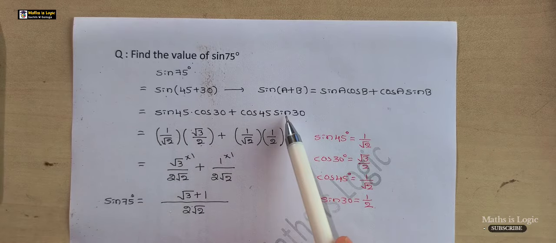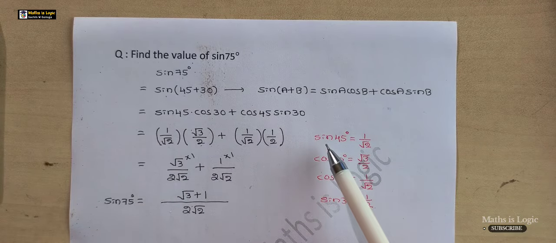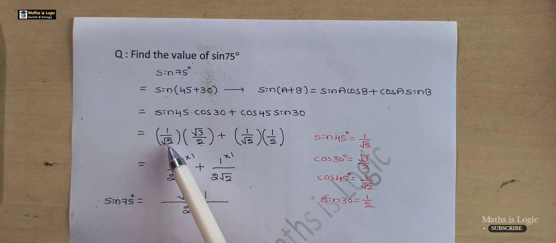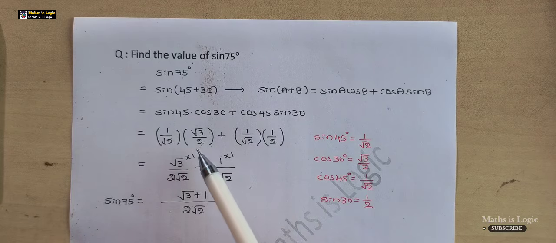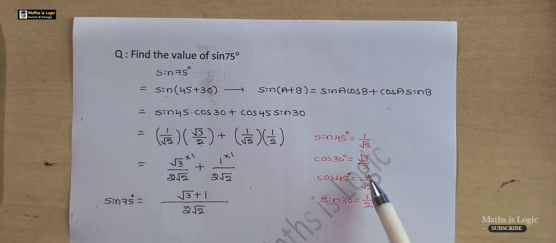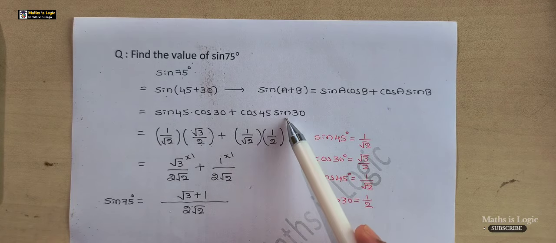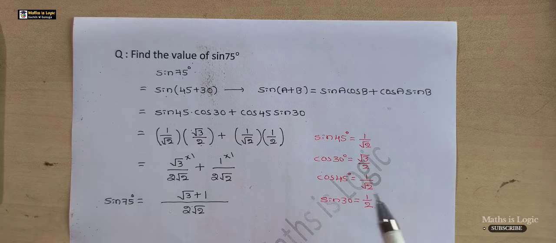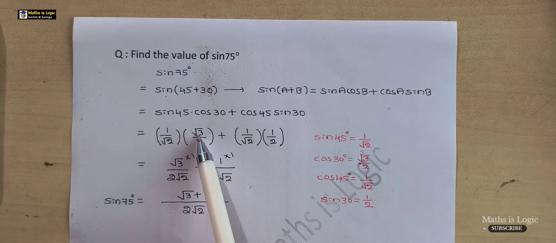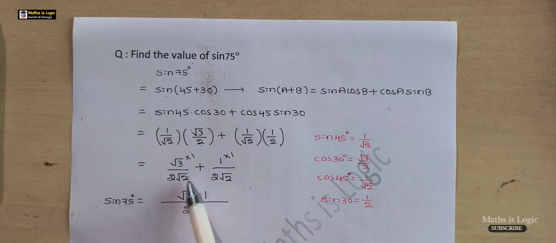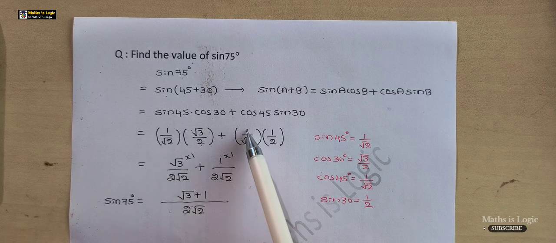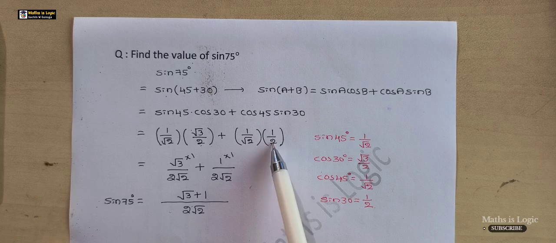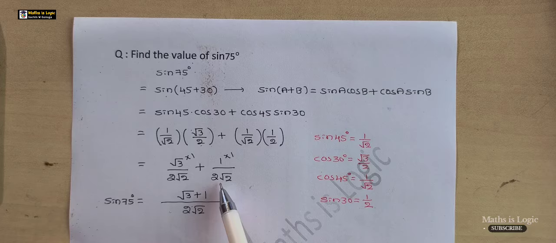Next, all these are the standard angles. We know the values. Substitute. Sin 45 is 1 by root 2, cos 30 is root 3 by 2, plus cos 45 is 1 by root 2, sin 30 is 1 divided by 2. Next, simplify. 1 into root 3 is root 3 divided by 2 into root 2 is 2 root 2, plus, as it is, 1 into 1 is 1 divided by 2 into root 2 is 2 root 2.